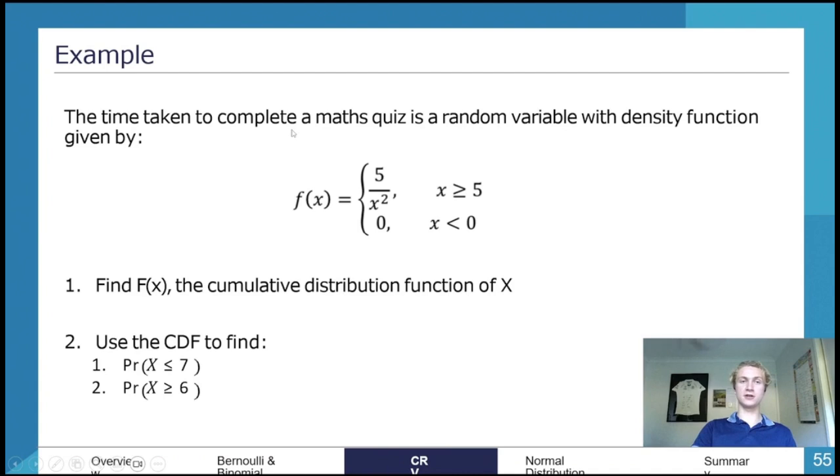The time taken to complete a maths quiz is a random variable with a density function given by f of x equals 5 over x squared, where x is greater than or equal to 5, and 0 elsewhere. So the random variable is continuous because it's a function, a smooth line, which is continuous. Question 1 is asking us to find capital F of x, the cumulative distribution function of x. And I will note that cumulative distribution function is CDF, as opposed to PDF for probability density function.